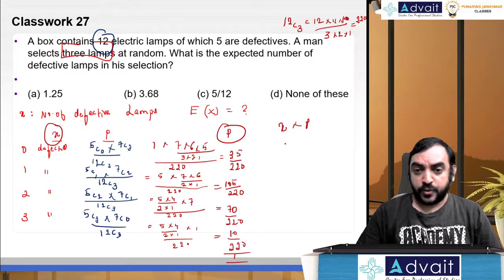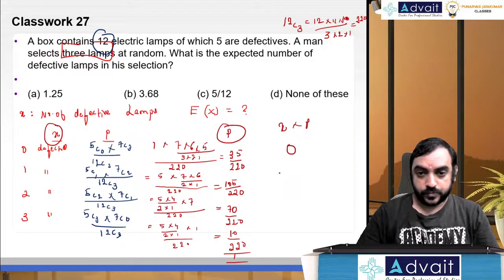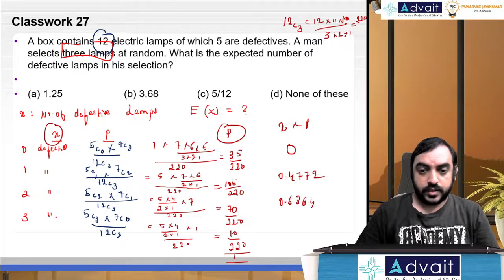0 into 35 by 220, 0 you get. 1 into 105 by 220 is 0.4772. 2 into 70 by 220 is 0.6364. 3 into 10 by 220 is 0.1364.